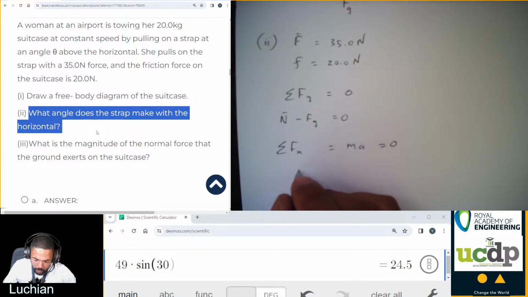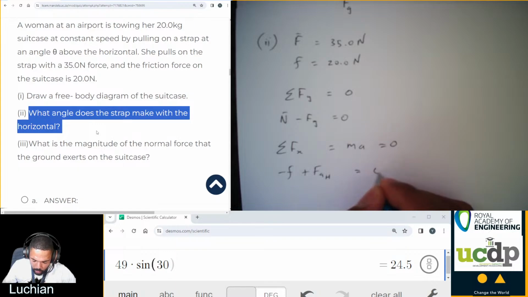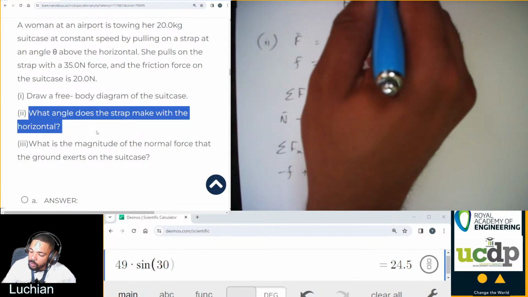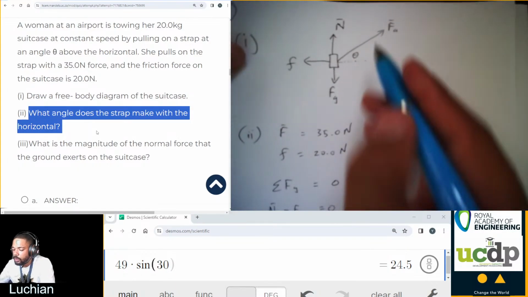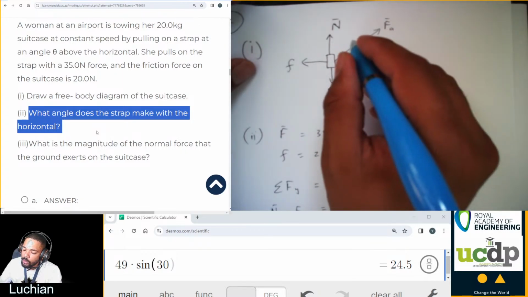So it is negative the force of friction plus the horizontal component of the force applied, and it should equal 0. Now, how do we work out the horizontal component of this force? It is the cosine, the adjacent over the hypotenuse.